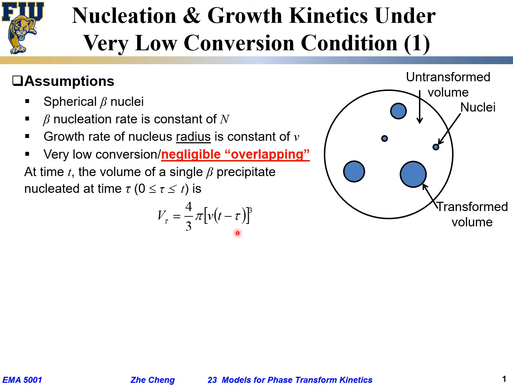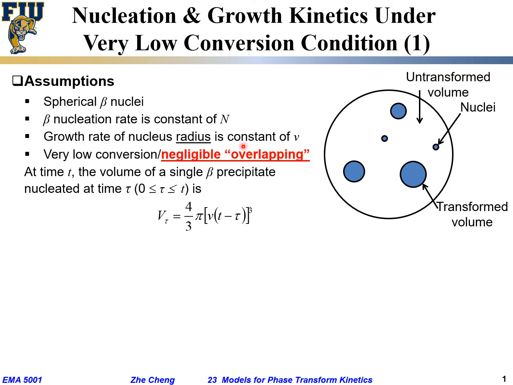What shape is a precipitate? We said they are spheres, so naturally the volume would be 4/3 pi times the radius to the power of 3. And then what is the radius?